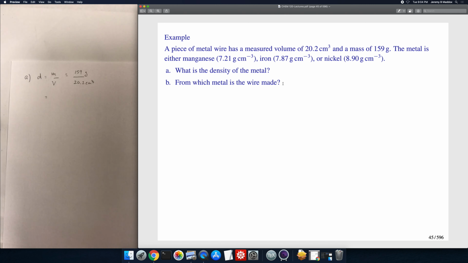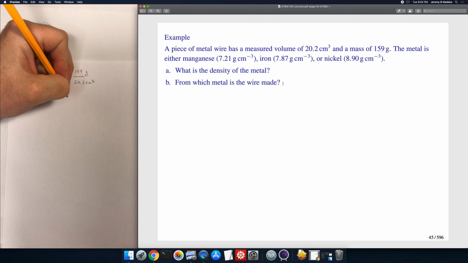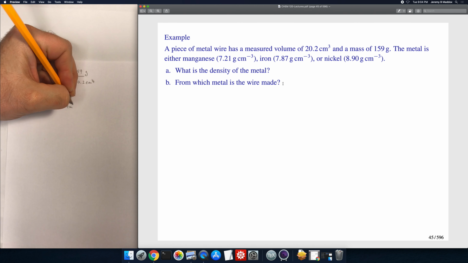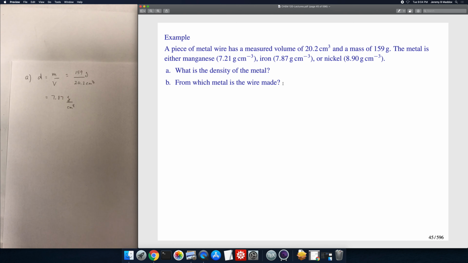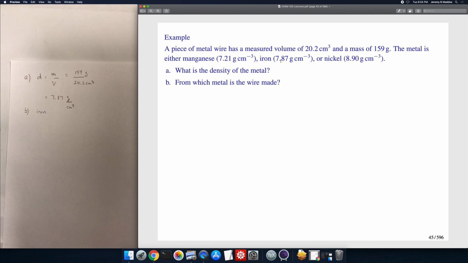And I'm getting 7.87 grams per cubic centimeter. And so looking at the given densities we have, we would conclude that this metal is made out of iron, most likely. So you can use density to identify a substance.